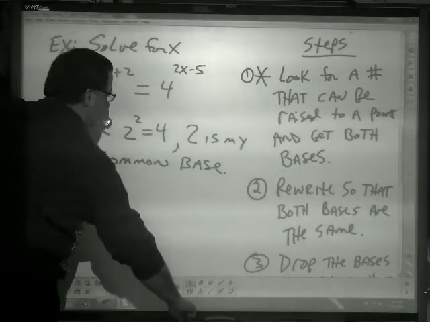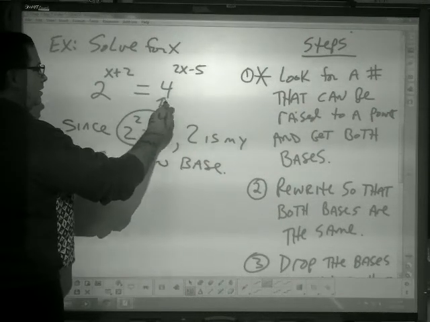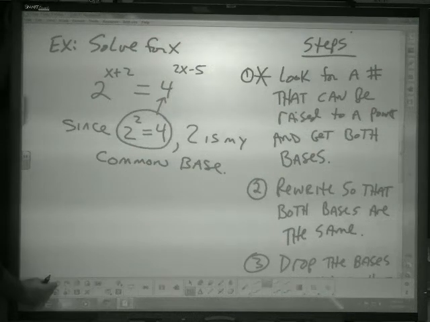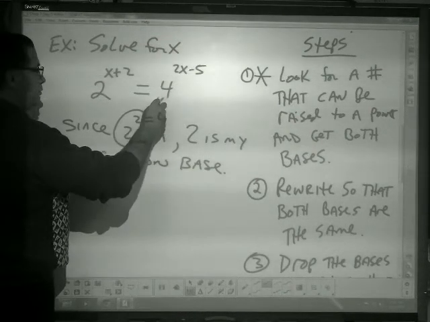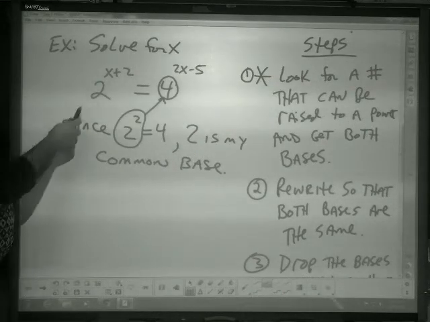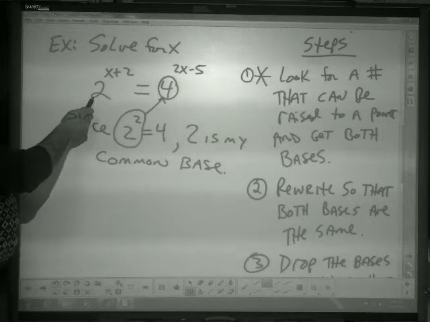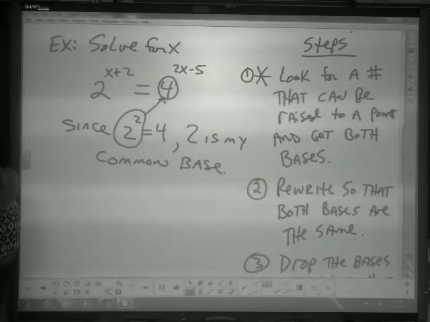All right? So what I can do is I can take this and put it here instead. Actually, I'm going to do this and replace this with it. Now, this has a base of 2, and this would also have a base of 2.